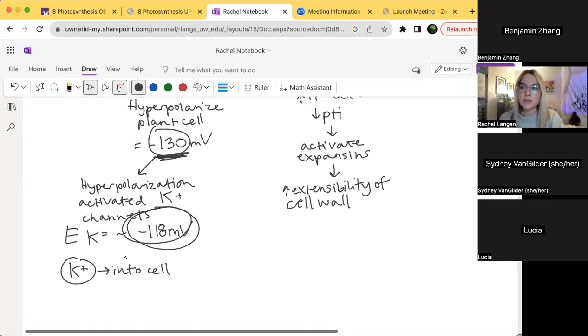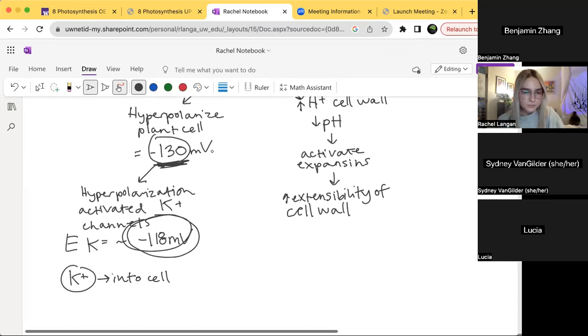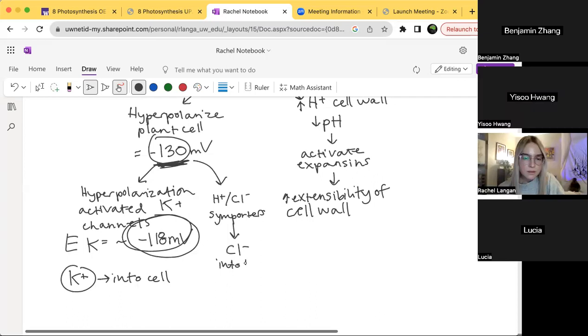The other effect is that there are hydrogen chloride symporters that are going to move chloride into the cell.